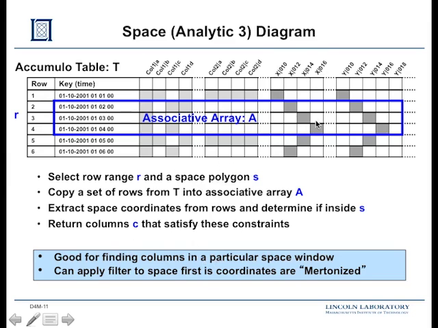If you're concerned that you're going to be getting an awful lot of data, let's say you have a coordinate that goes through New York, and you don't want New York, but you happen to be on the same latitude or longitude as New York, you can do something called Mertonization, which is essentially imagine taking the strings of your coordinates and interleaving them.